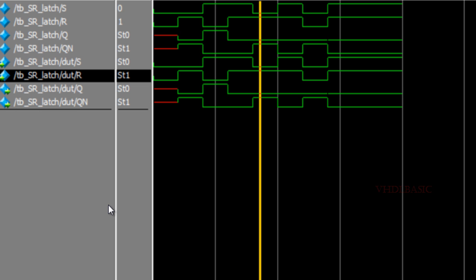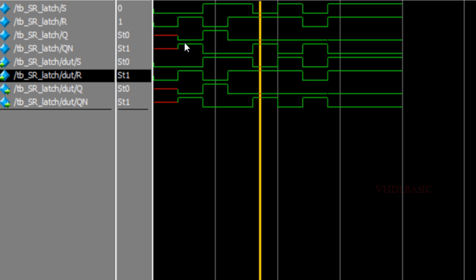So this is the waveform which we got when using the test bench for SR latch. Initially I have both the inputs S and R as 0, so it should maintain the previous state. Here we don't have any previous state for Q and Q bar, so it is giving X. Then I am setting reset to 1, which means the SR latch will go to the reset state.